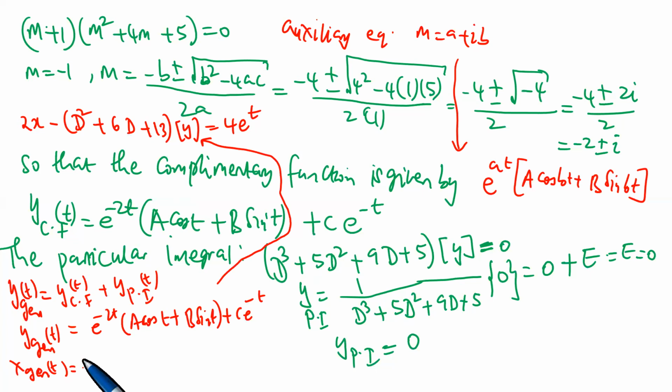You're going to get 2e to the t plus e to the minus 2t into (2a plus b) cosine t plus (2b minus a) sine t, plus 4c e to the minus t.